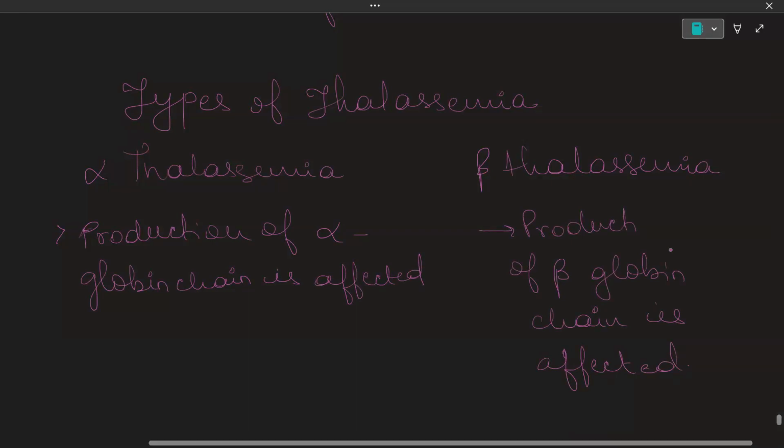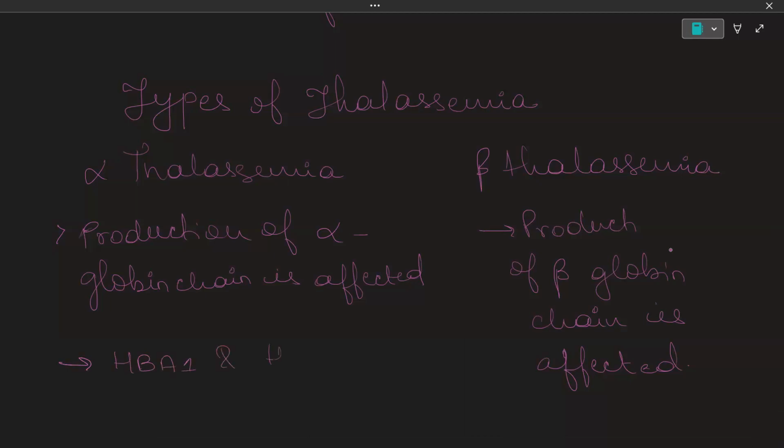Now let me see, the NCERT has actually mentioned which chromosome or which gene is denoting the disease. Now see, alpha thalassemia is controlled by two closely linked genes, that is HBA1 and HBA2.